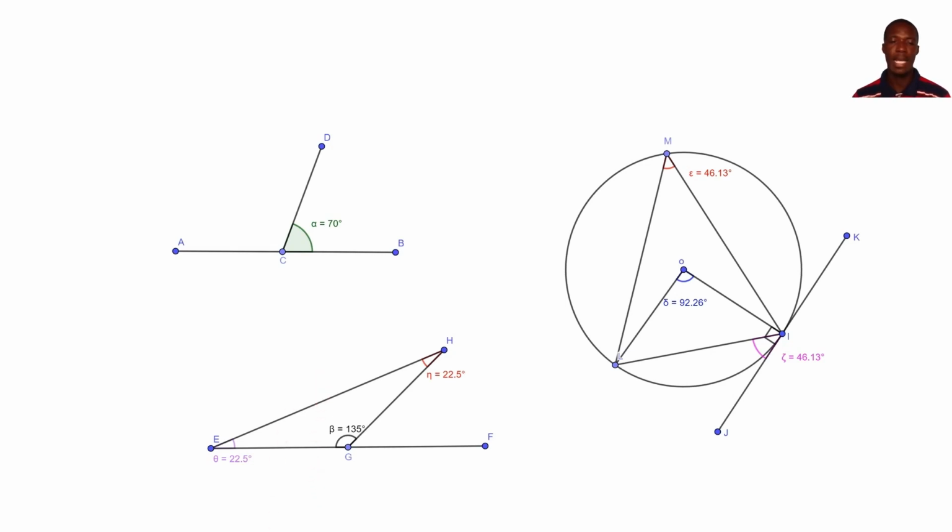So as I said earlier, it will be in our interest to name an angle correctly. From what we saw, if we have a line ABC like this, we have an angle here. So this angle, how do we name it? We name this angle by moving in anti-clockwise direction.